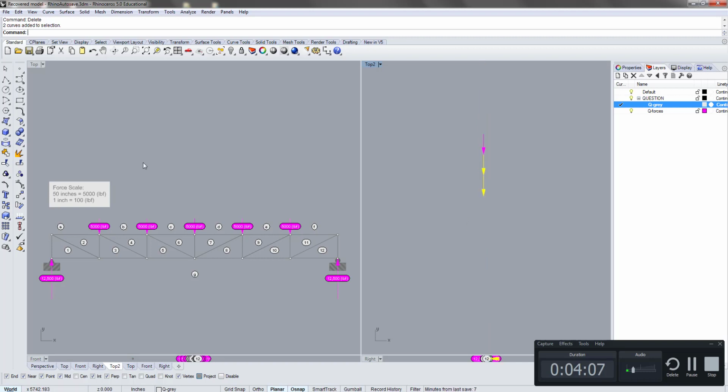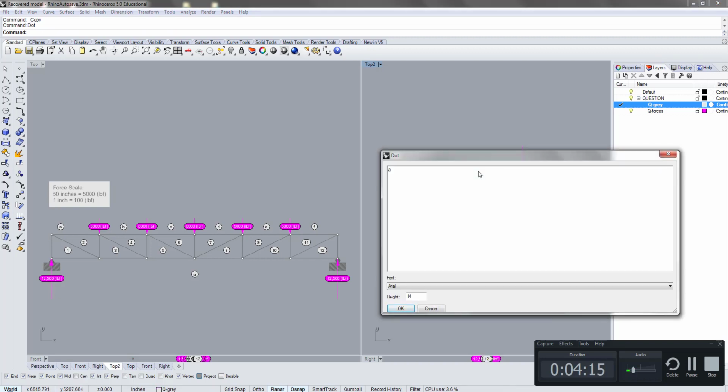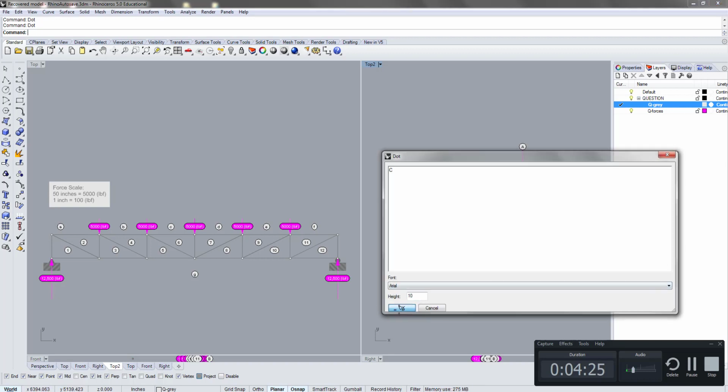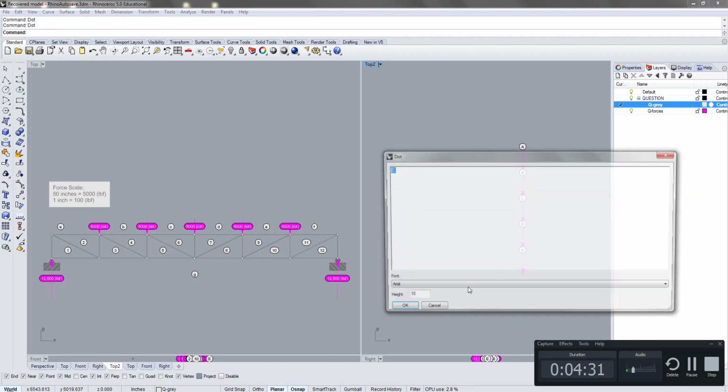Just to make sure. Right, so now these are going to be uppercase A, B, C, D, E, F.